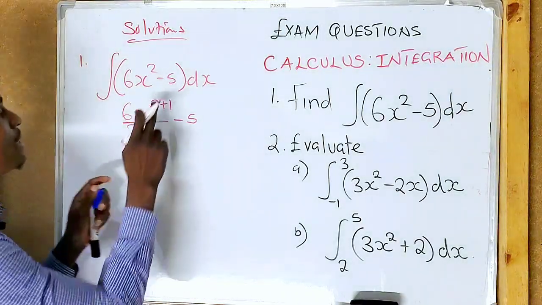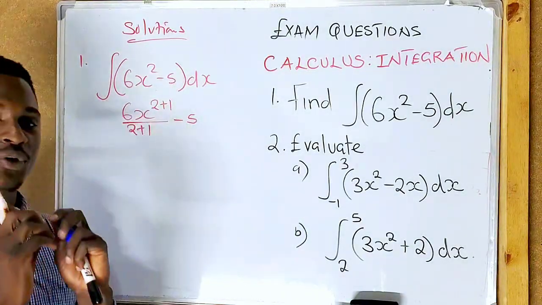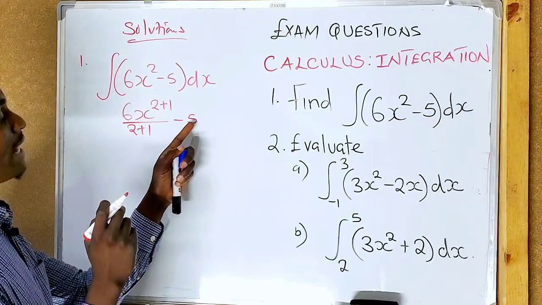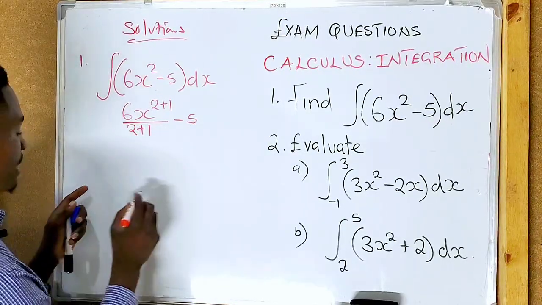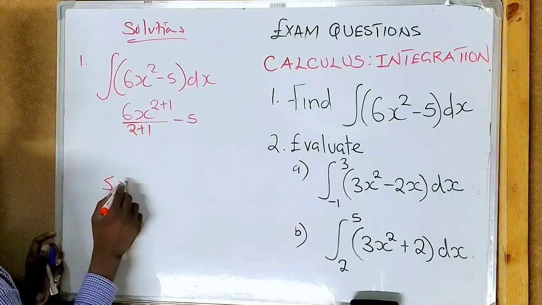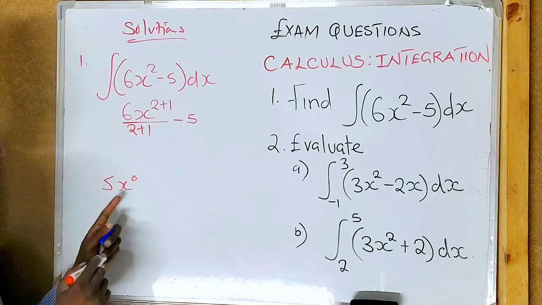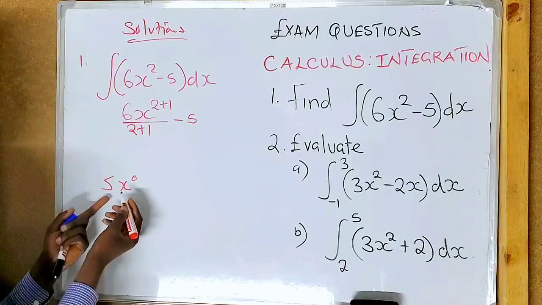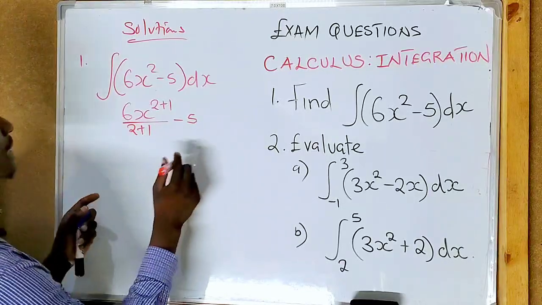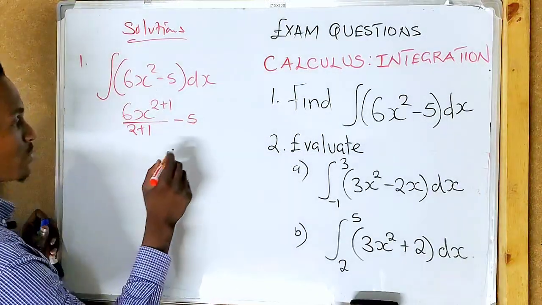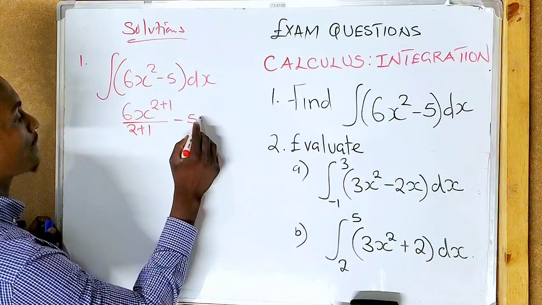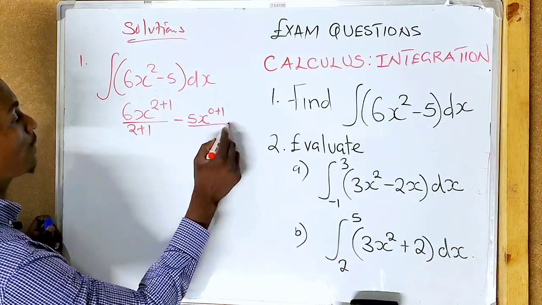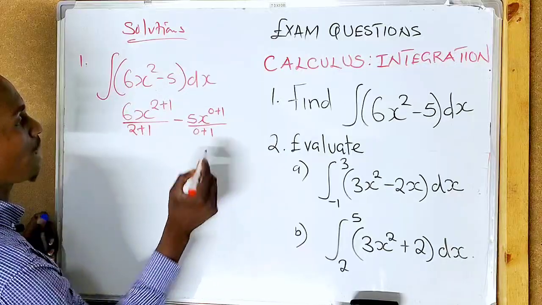Now look at this. This 5 here is not just a constant. Integrating any number like 5 is the same as 5x to the power 0, because x to the power 0 is 1. So this is 5x to the power 0 plus 1 over 0 plus 1.